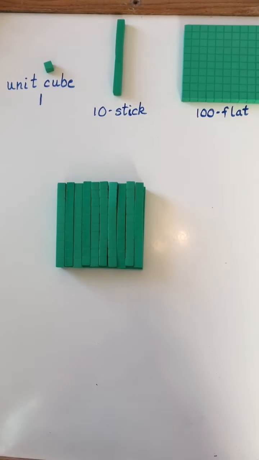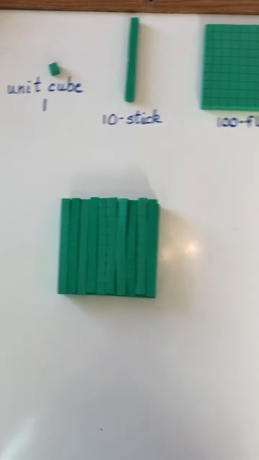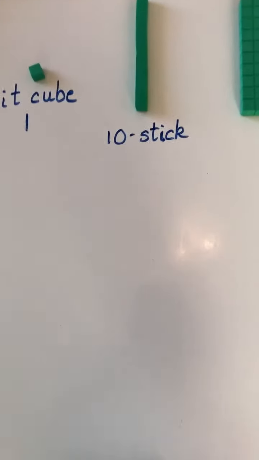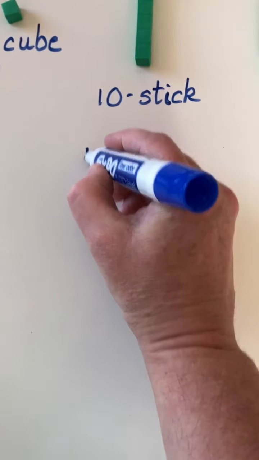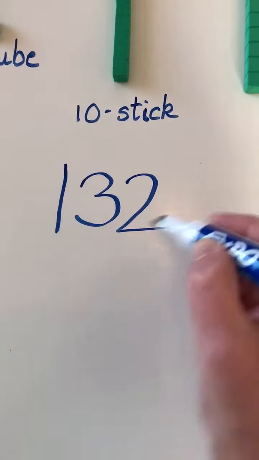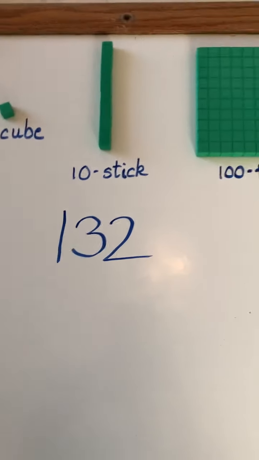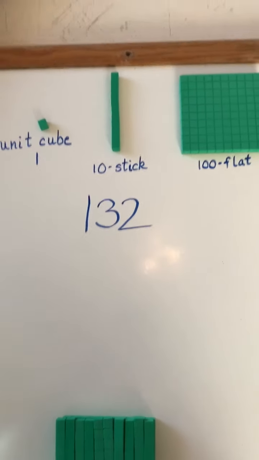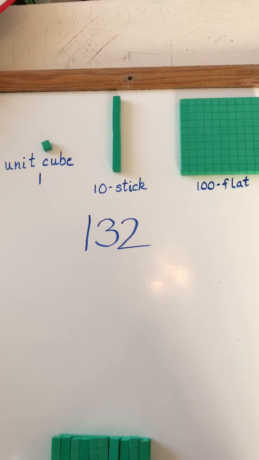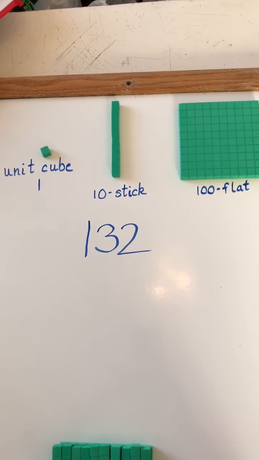All right, so let's say I have a number like 132. I would like to show 132 using the base 10 blocks.